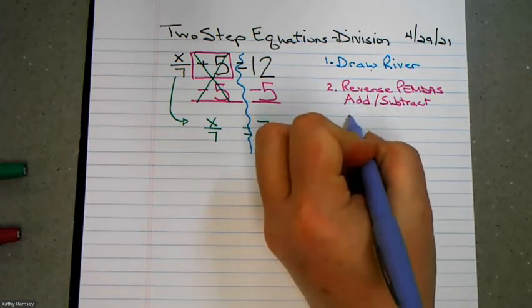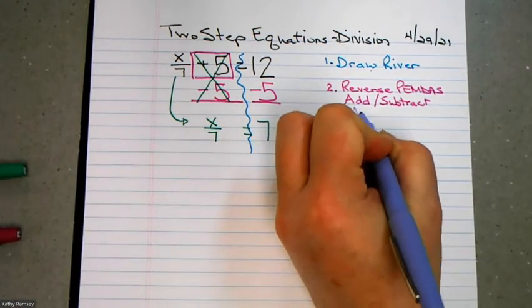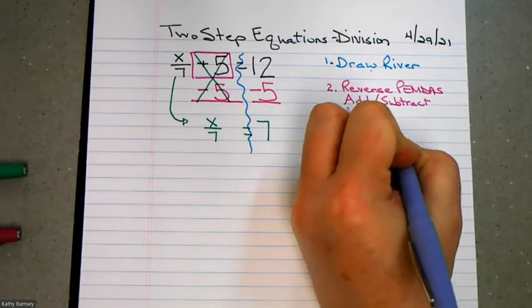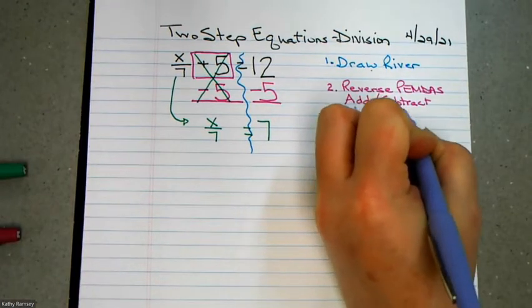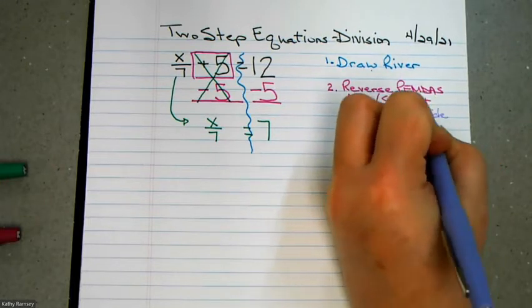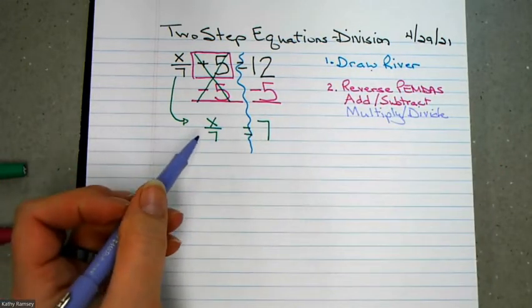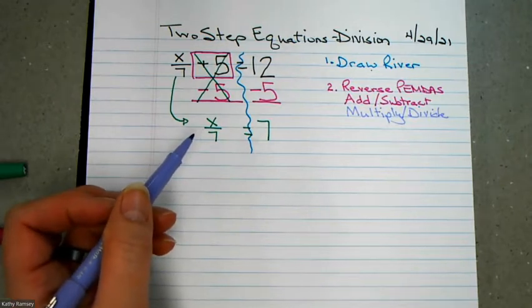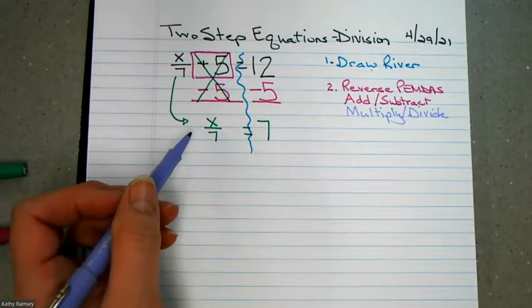So the next thing we can get rid of has to do with multiplying and dividing. Now, I want you to take a second and think, what is going on between the x and the 7?